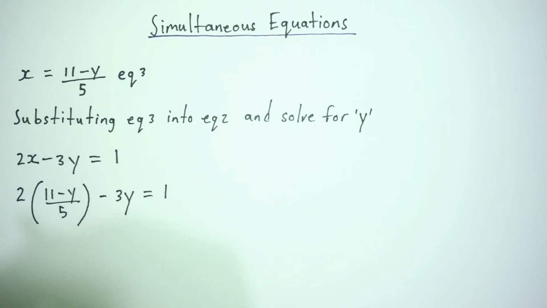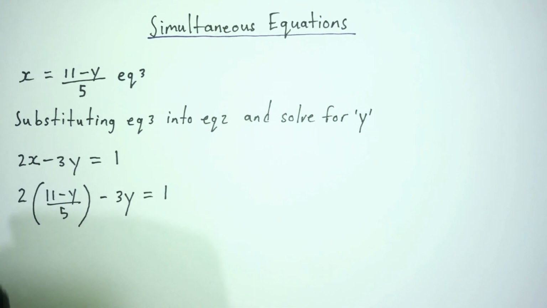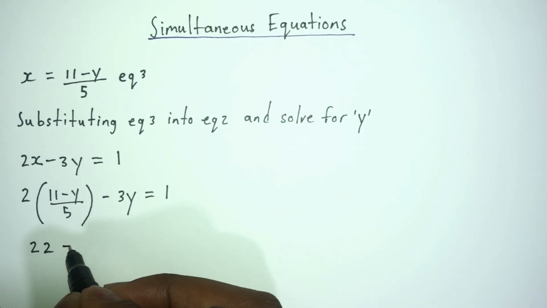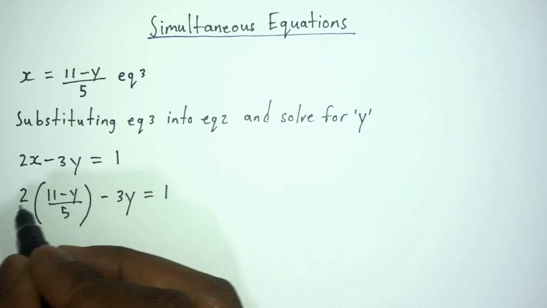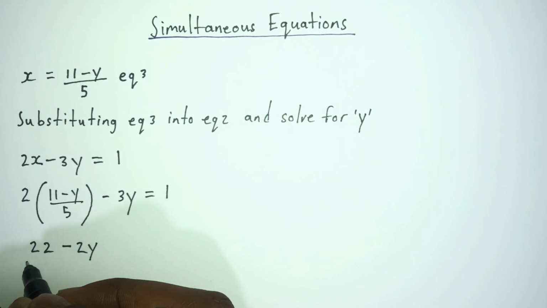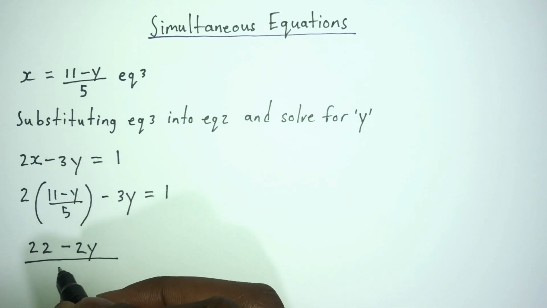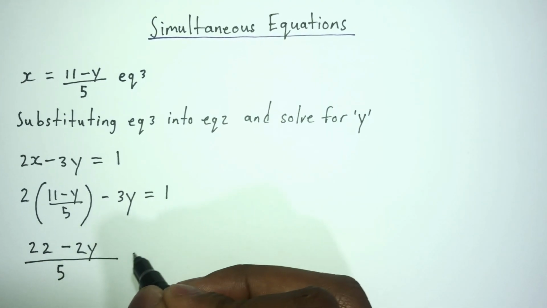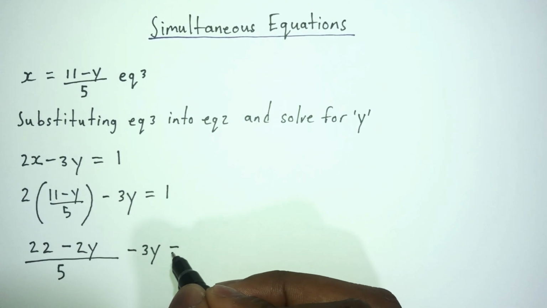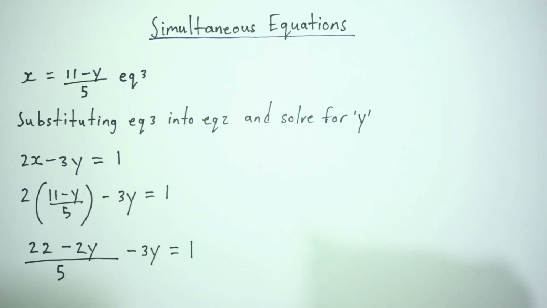Now we are going to simplify our equation. 2 times 11 gives us 22. 2 times y gives us 2y, and this is all over 5 minus 3y equals 1.